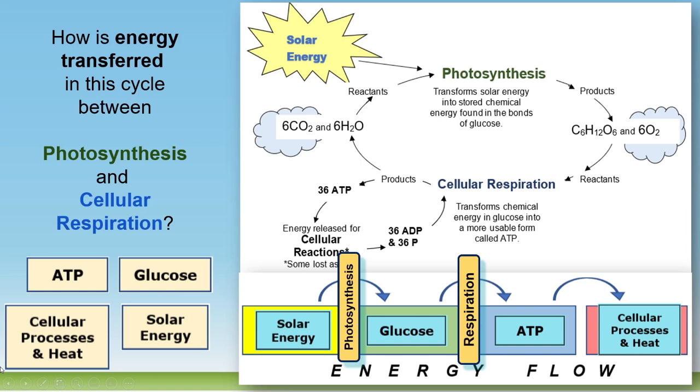So in that last box, make sure you get that down. Cellular processes and heat. So that is the energy flow that we're looking at here in what seems like a pretty complicated cycle, but it is not once we break it down.